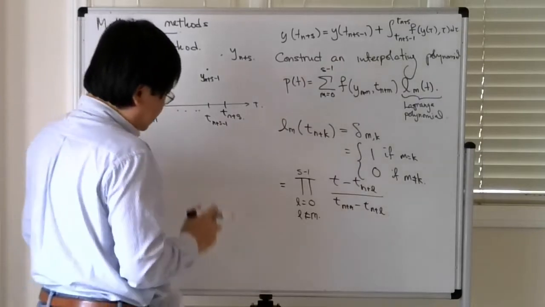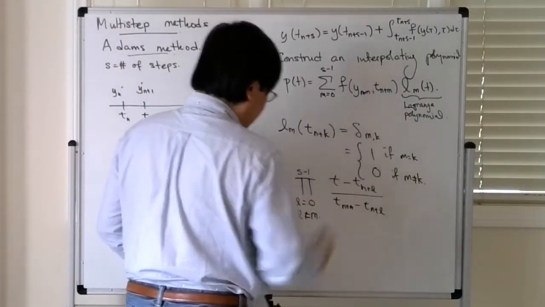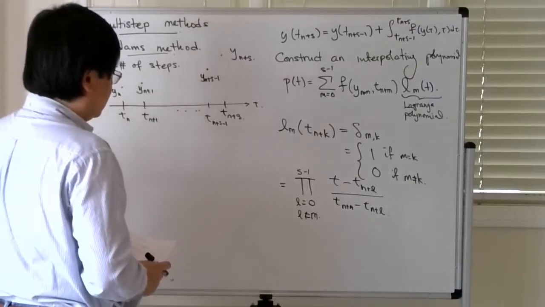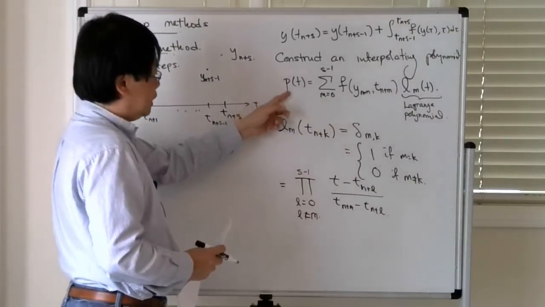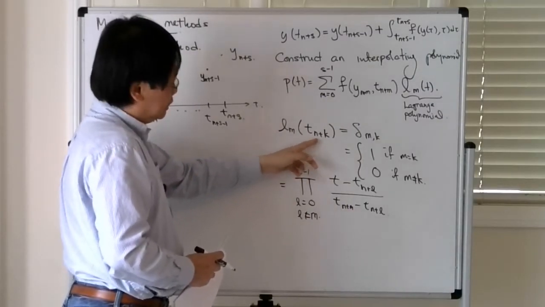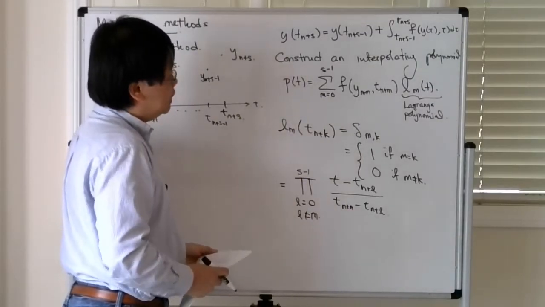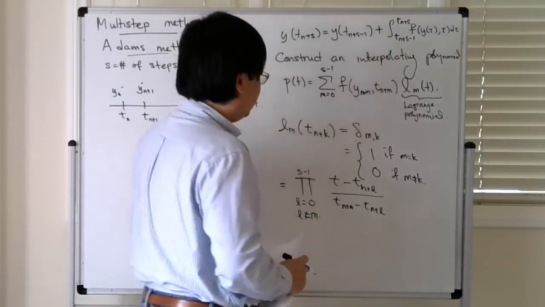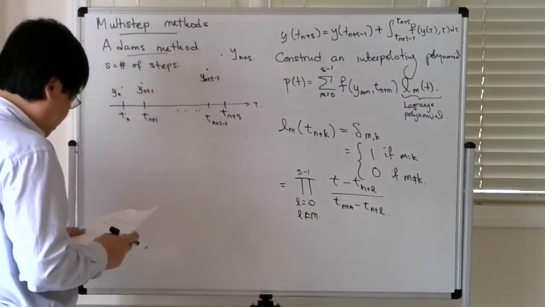So that's the Lagrange polynomial which satisfies this Kronecker delta property. And the claim is that when you take that and evaluate it at the times t_{n+k}, you'll recover the interpolation data which you have there.